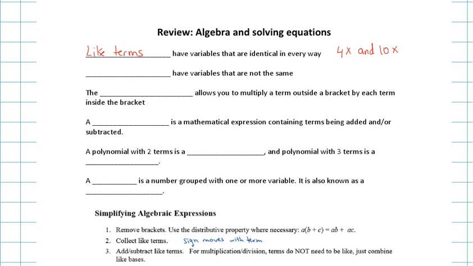Let's say we have ab and 7ab. These are also like terms because they include the same variables with the same exponent on top of them. That number in front does not matter.